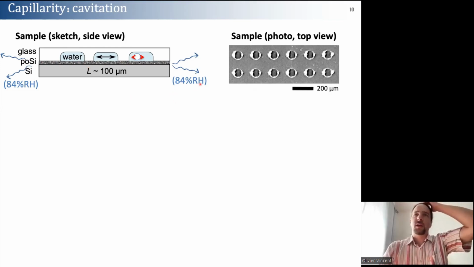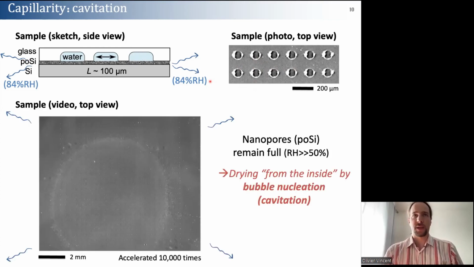Here we dry the system at 84% relative humidity, which is relatively high, but you will see that still things happen. This is an actual photo of the sample from above, and that's the kind of system we will look at. So here I'm going to show a movie of what happens when we dry this system.